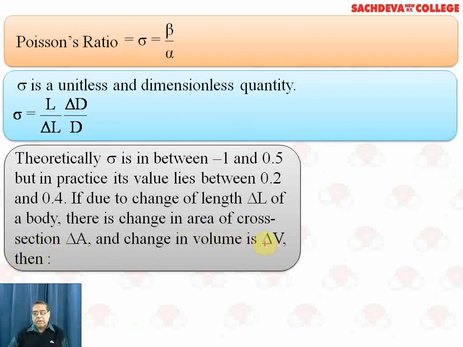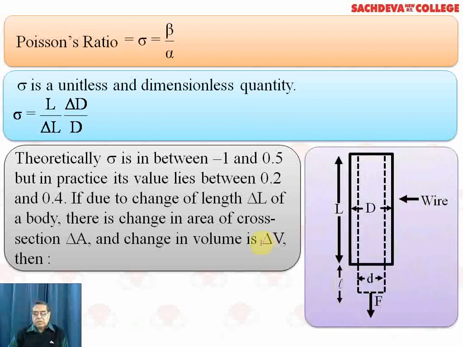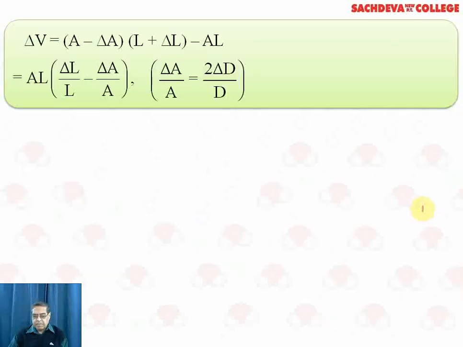So again in the figure, the change in length is assumed as delta L, the change in area of the wire is taken as delta A, and the change in volume of the structure will be delta V.